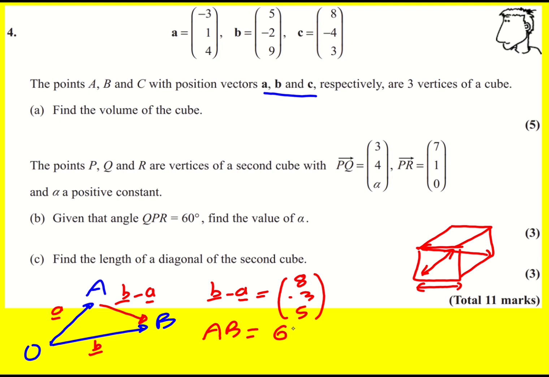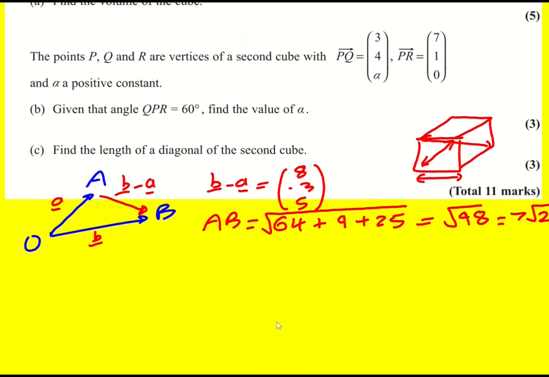So 3D Pythagoras, we just do 8 squared plus minus 3 squared plus 5 squared, square rooted. 64 plus 9 plus 25 is 98, so this is root 98. I could write that actually as 2 times 49, so 7 root 2 if I wanted to.